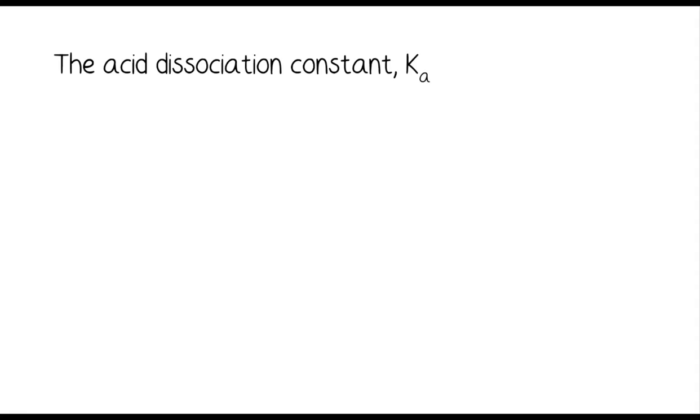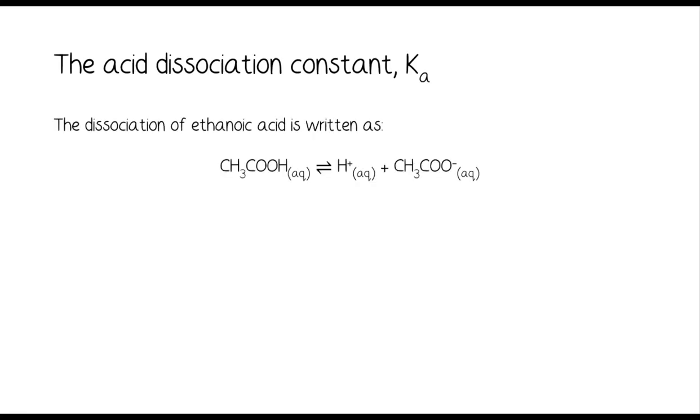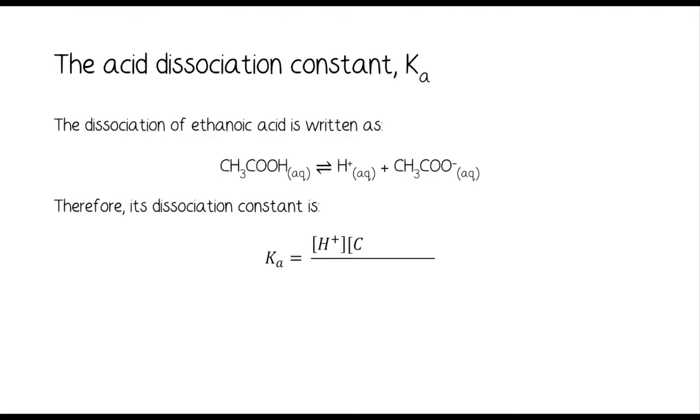So let's take an example of ethanoic acid. Its dissociation can be written as this. So you've got CH3COOH, the formula, dissociating into H plus and ethanoate ions. Therefore, this one's dissociation constant would be this. Ka equals H plus's concentration times the ethanoate ion concentration, all divided by the concentration of CH3COOH.